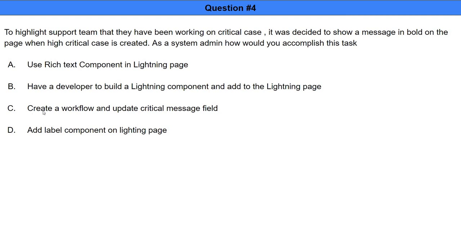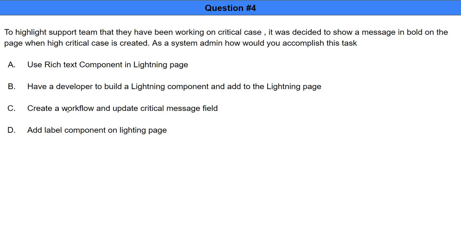Now, if you take a look at all four options, I'll start from option C. Create a workflow and update the critical message. Well, yes, it is possible, but when you create a field again, we have to write workflow automation to update the critical message field.